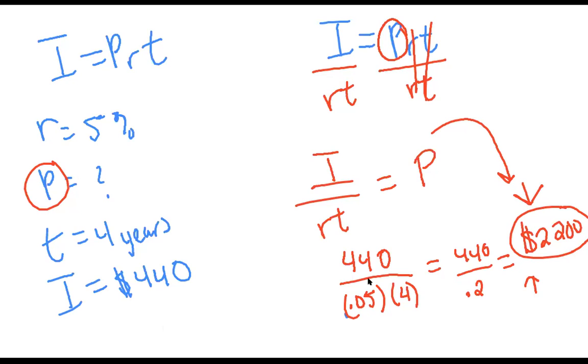What I did, and that's where I would have gotten it wrong, because even though I'm seeing the 0.05, I'm just thinking about 5 times 4. Remember, yes, that's the problem right there. The percent has to be a decimal. So it's not 5 times 4, it's 0.05 times 4. That's where people make their mistakes.